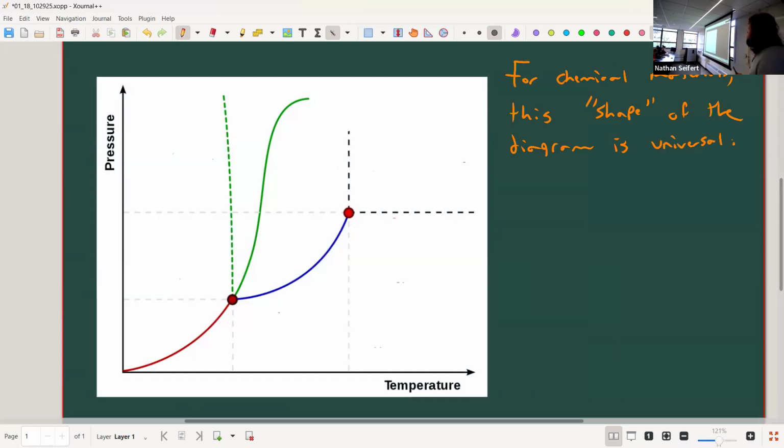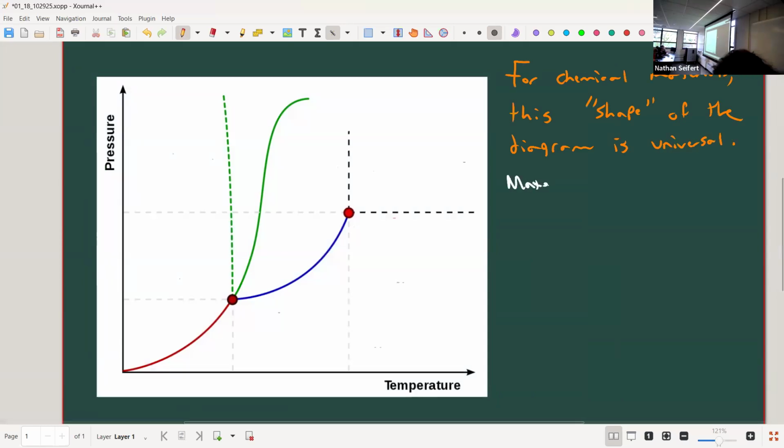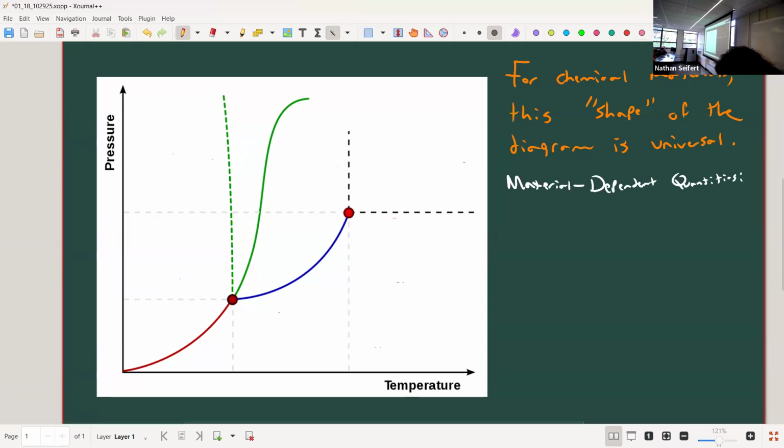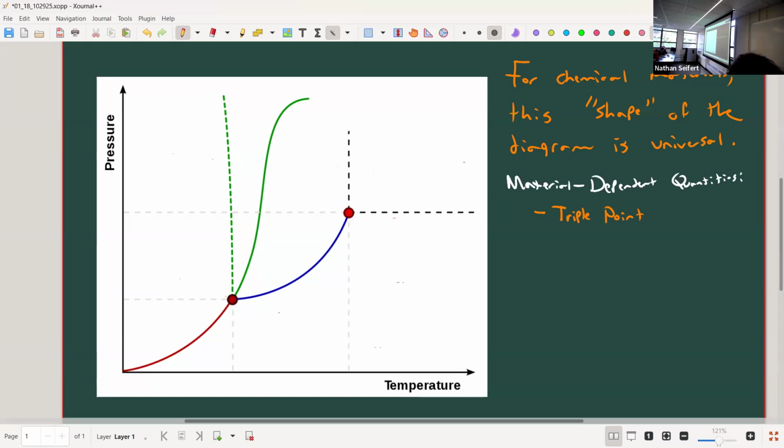But the things that are dependent on materials, the material dependent quantities, include the different special points on the curve. We have a couple of special points here. One of them is the triple point, which is this point right here.